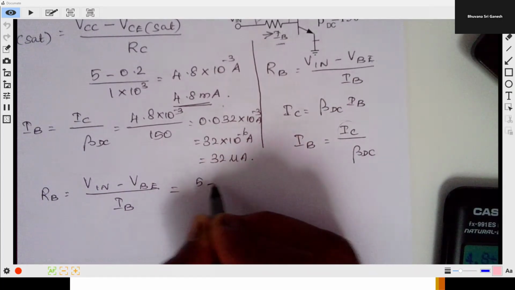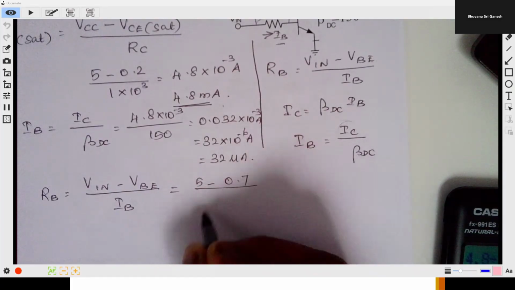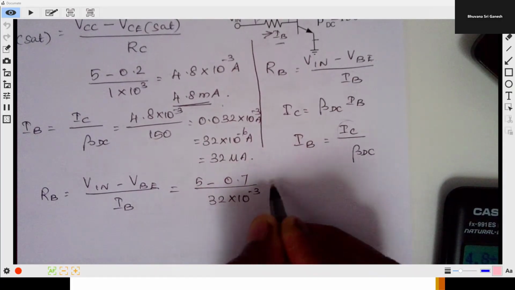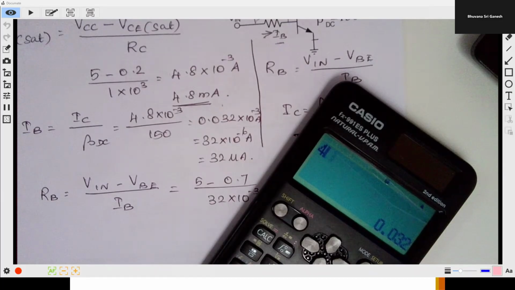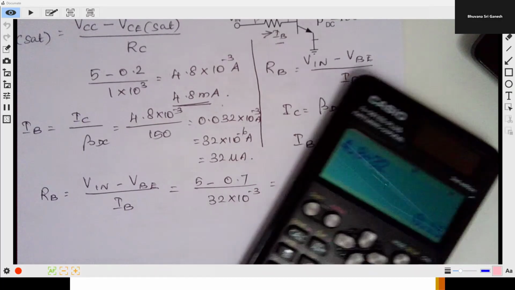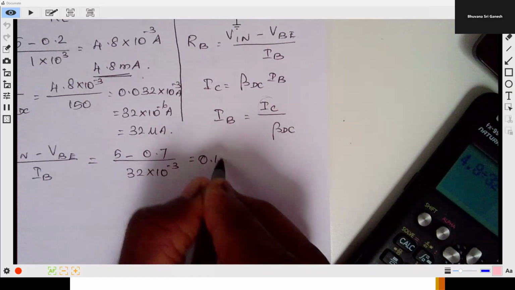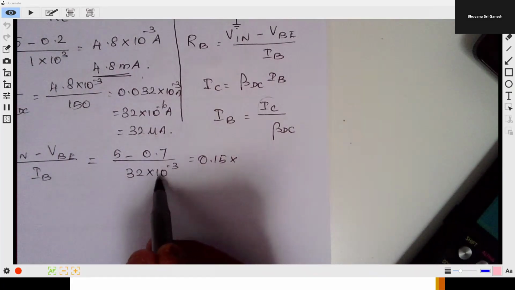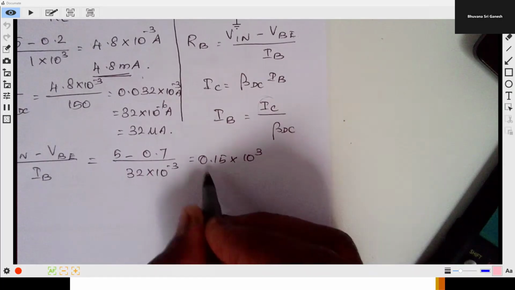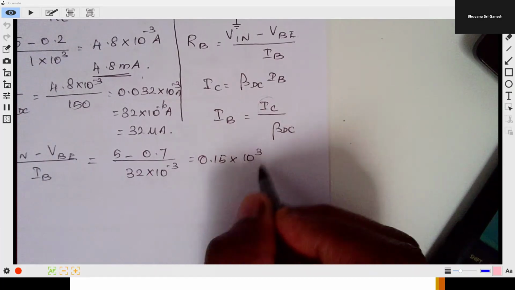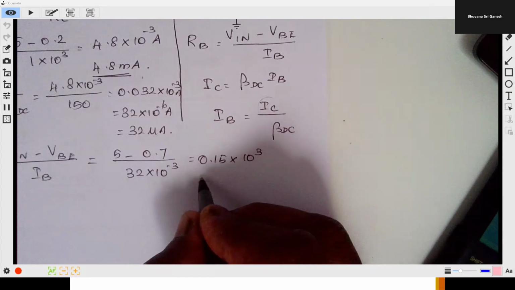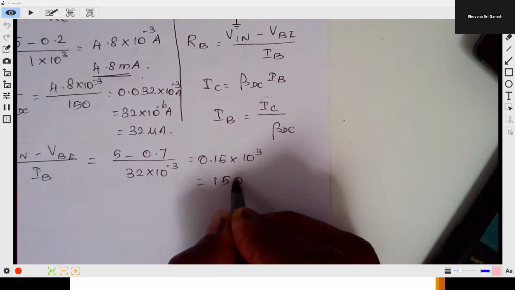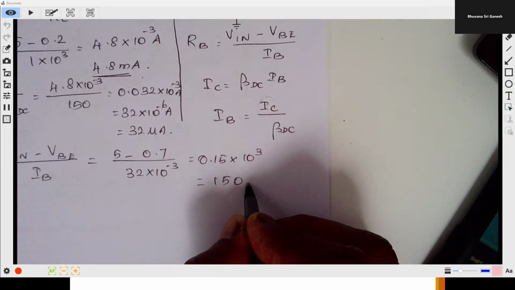So this is equal to 4.8 over 32, which is 0.15, times 10 power 3, so it becomes 150 ohms.